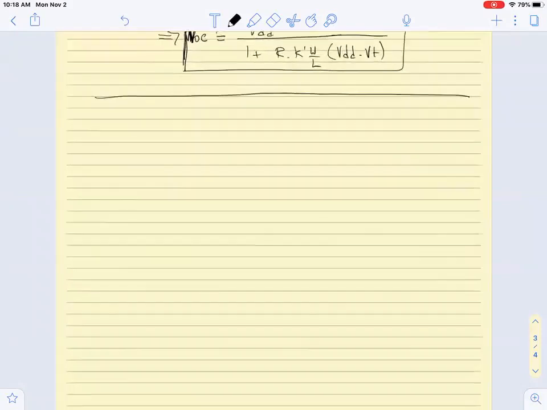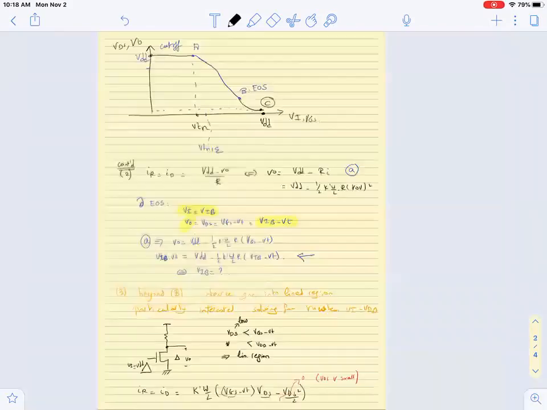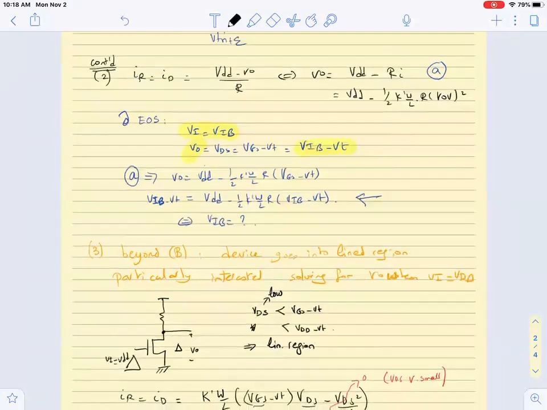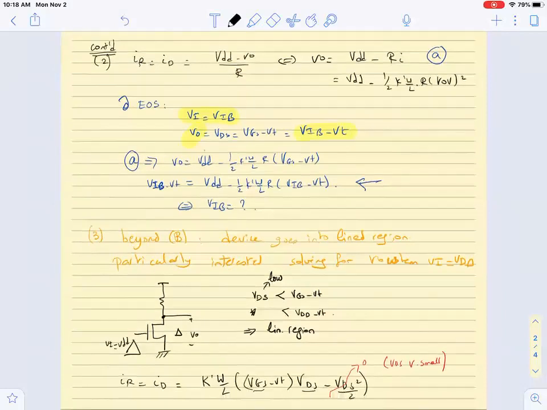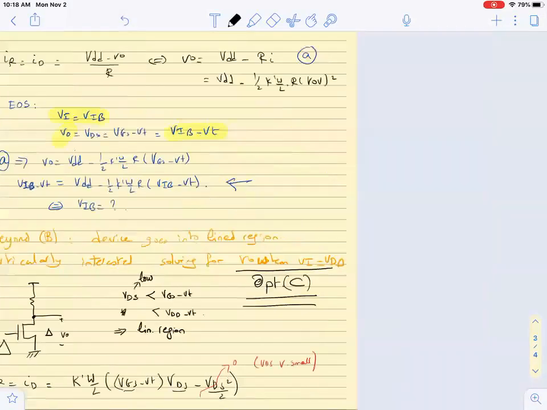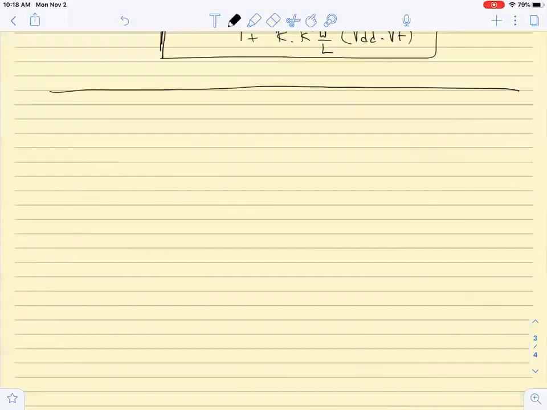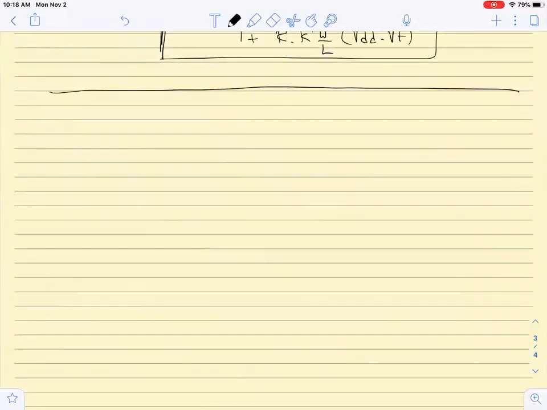Great. So now we know that at point C we can find this solution. Okay. So this is point C. And we are going now to analyze a little bit the transfer characteristics, the VTC characteristics of this circuit. Okay, so this is VO, this is VN, and let us look at the curve.